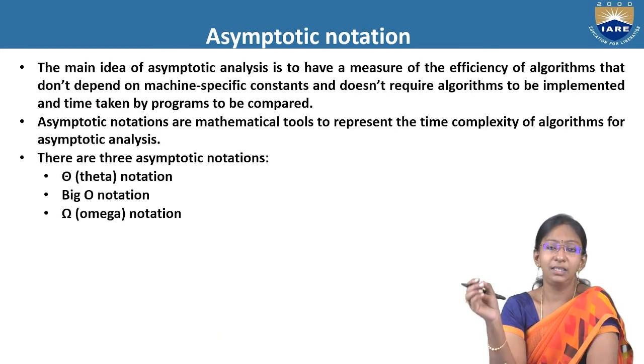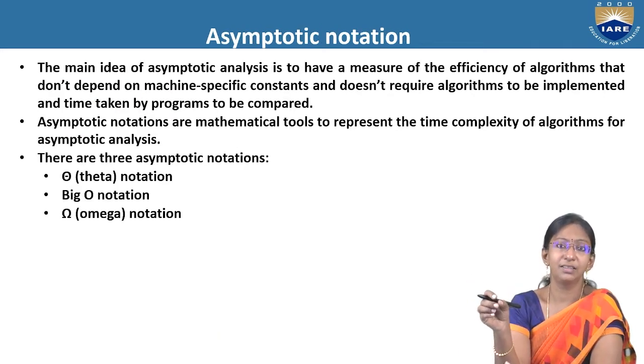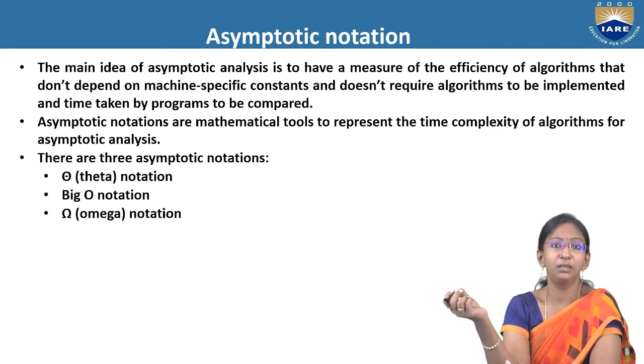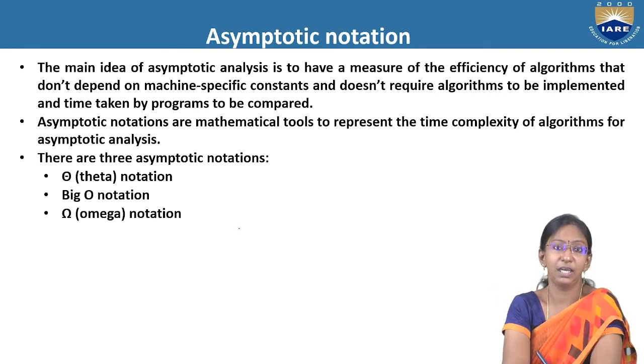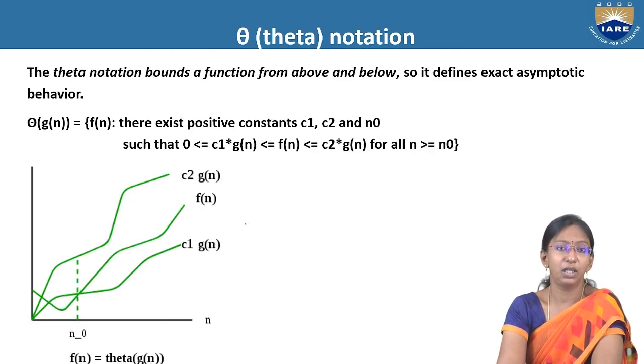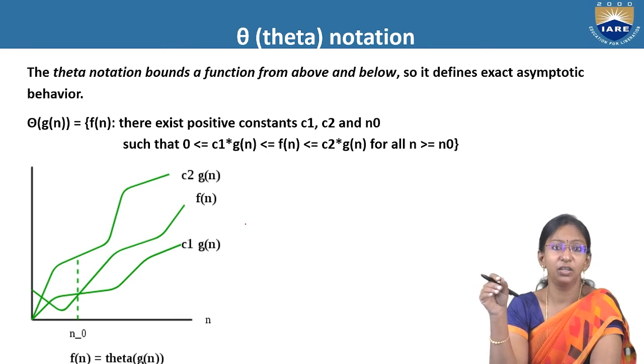So this asymptotic analysis can be mathematically represented using a mathematical tool known as asymptotic notation. These notations are in 3 different categories: theta notation, big O notation, and omega notation. Coming to theta notation, it includes both the upper and lower boundaries.